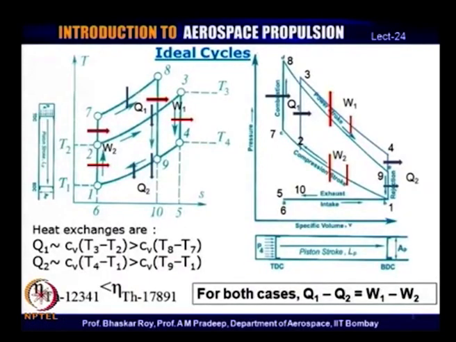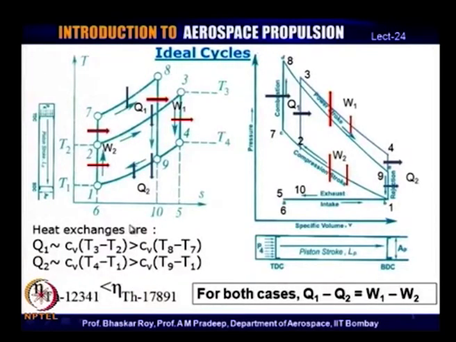The result is that the cycle 1, 2, 3, 4 actually has more heat input and more heat output. However, when you consider the efficiency, the cycle 1, 2, 3, 4, 1 is actually less efficient than the cycle 1, 7, 8, 9, 1.